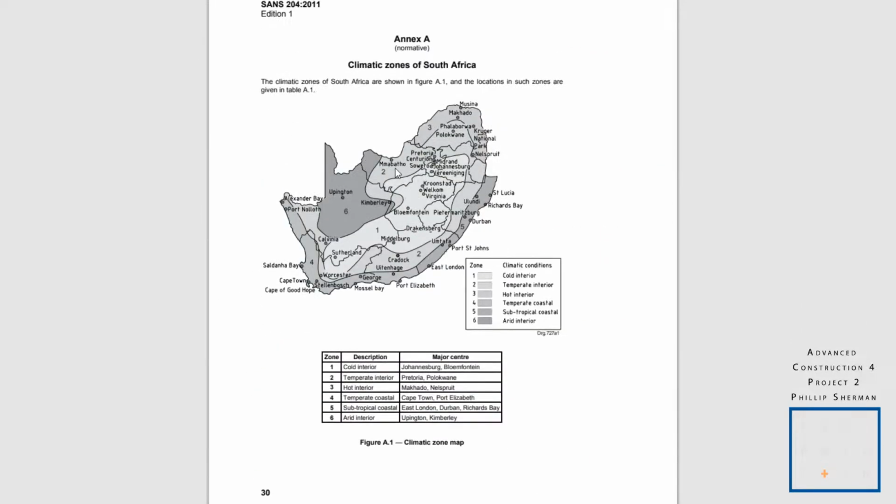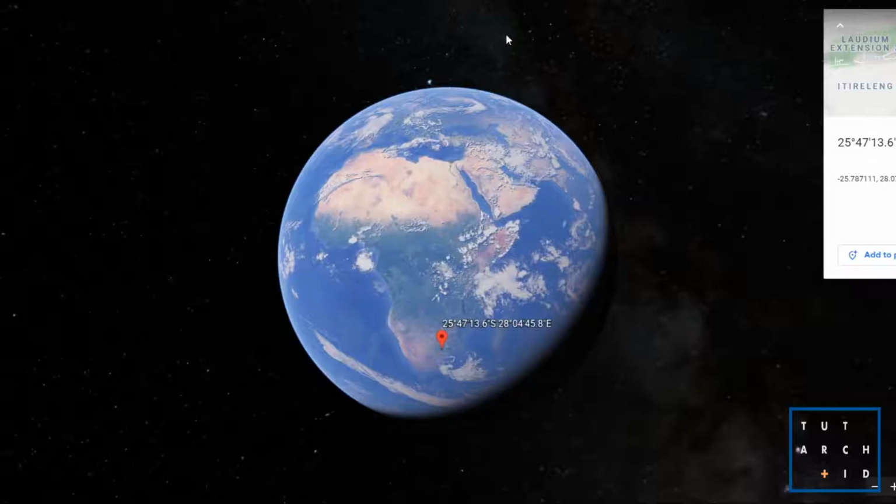Okay, if we go directly down here to page 13, the first thing we'll look at is in our climatic zone, where do we sit? Okay, so let's go to our site.